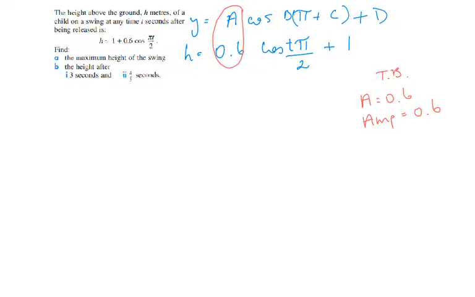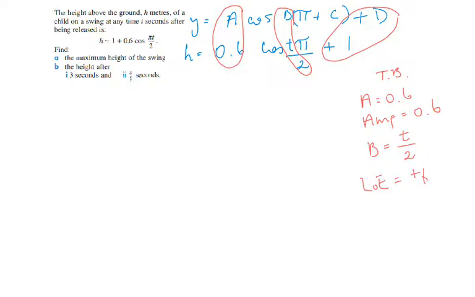We've got our b value is pi t on 2. So that's easy to write. And we've got no c value, but our d value, which is our line of equilibrium, is plus 1.